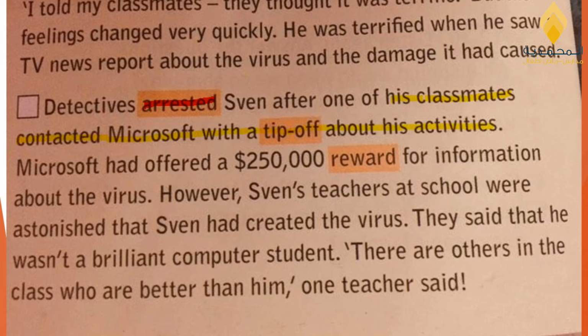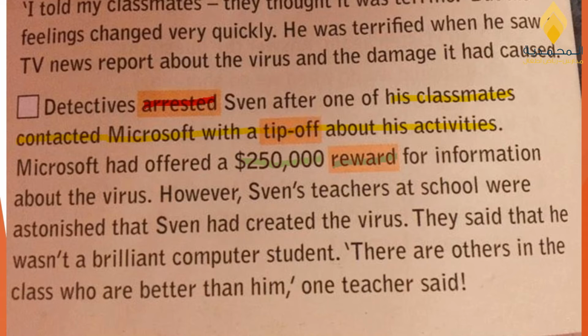So what do you think tip-off means? Tip-off means secret information. How much money did Microsoft offer anybody who gave information about the virus? Yes, they offered a reward, a prize of $250,000.